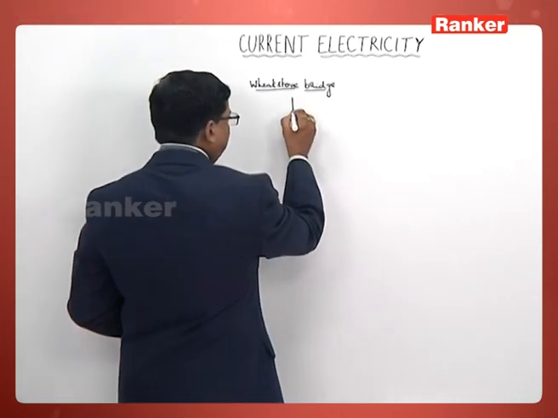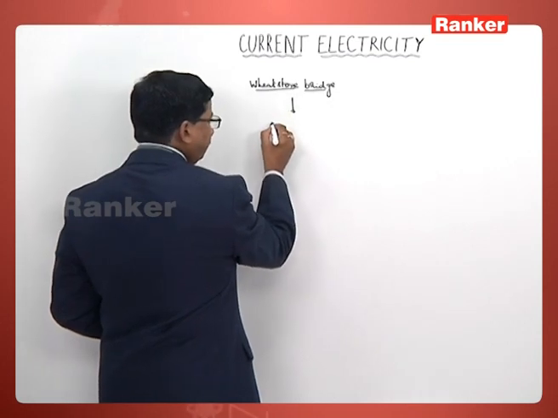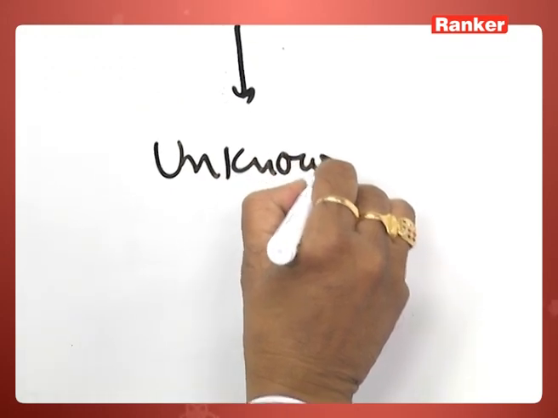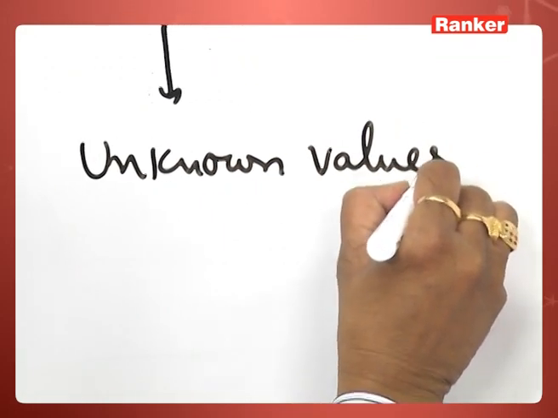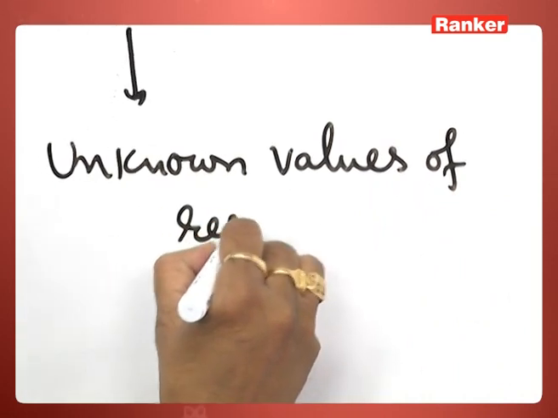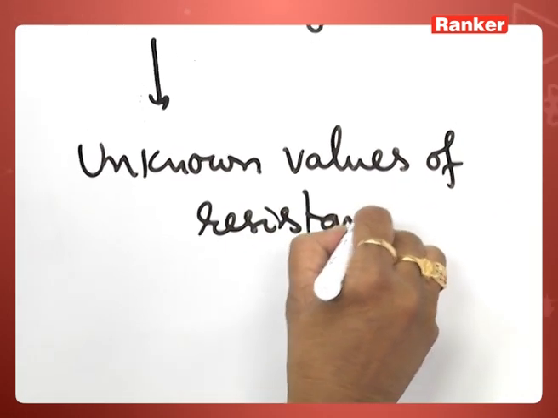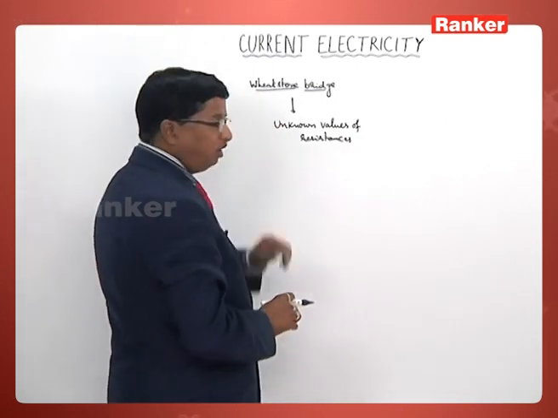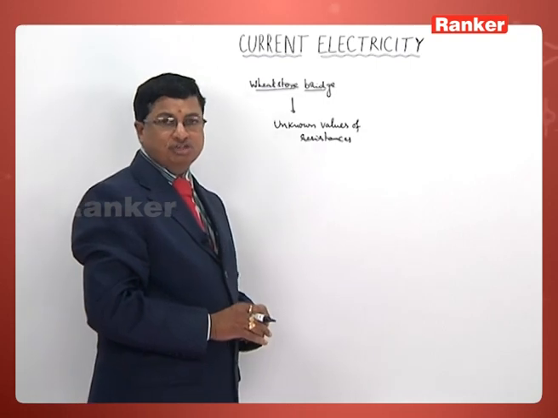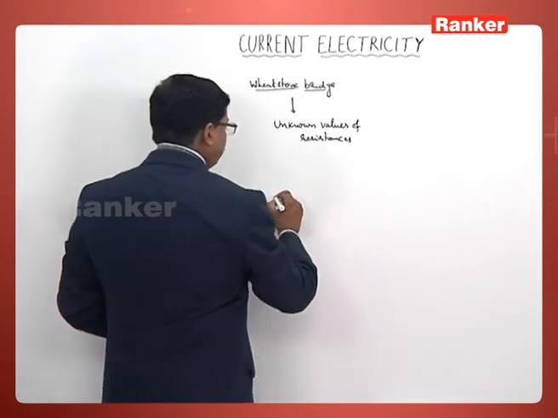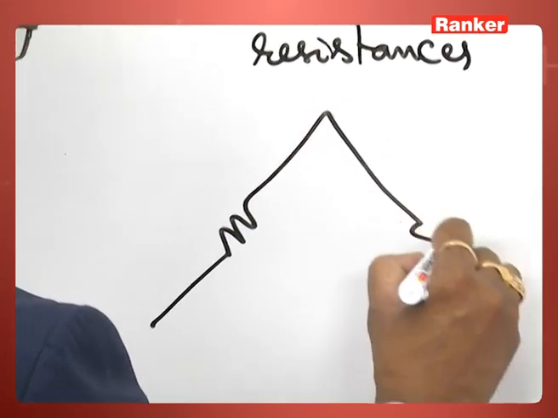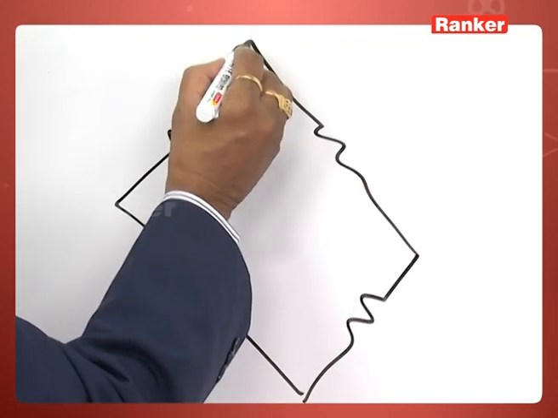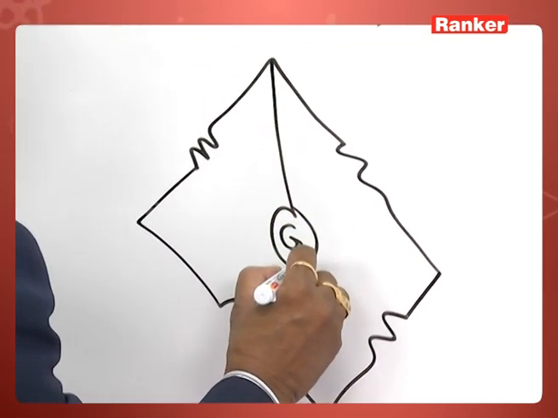Making use of this bridge, we can calculate unknown values of resistances. Unknown values of resistances we can directly estimate by constructing Wheatstone's bridge. When you take this Wheatstone bridge, you will find 4 branches this way. Across this one, there will be a galvanometer.